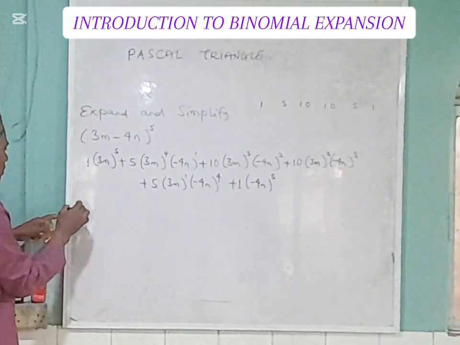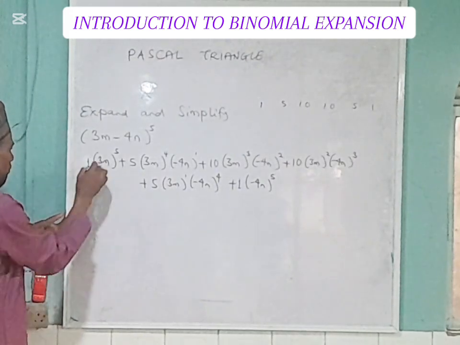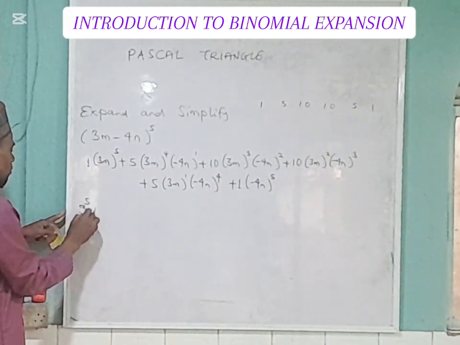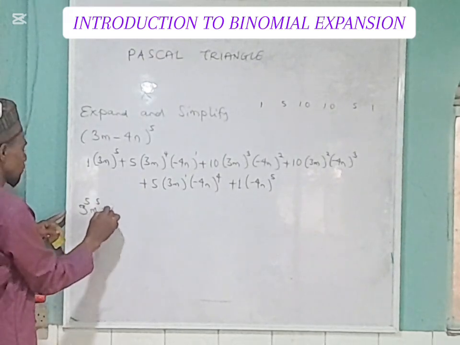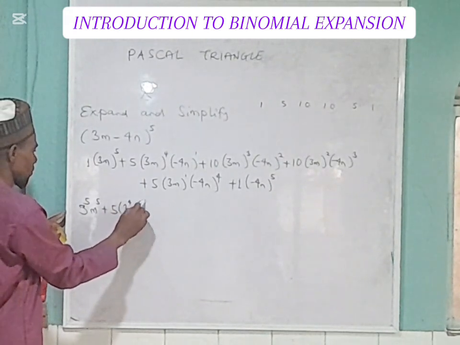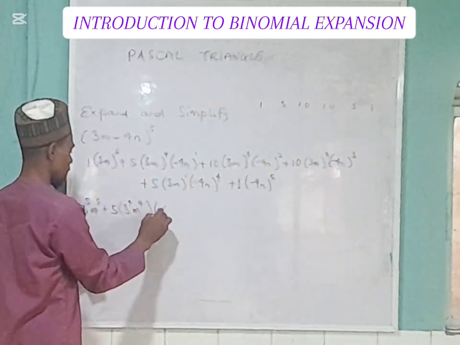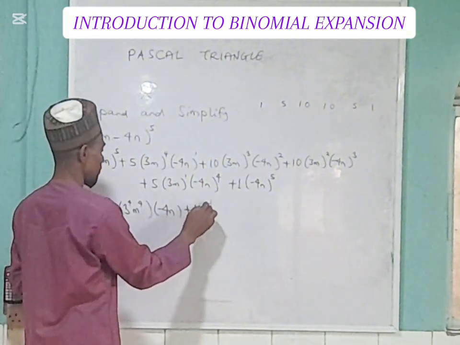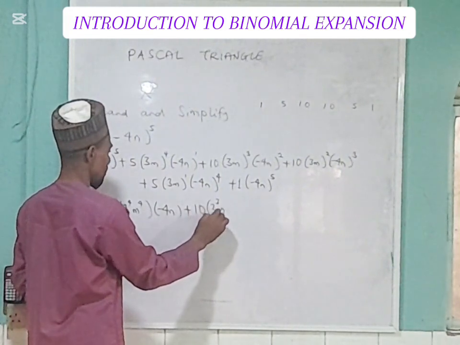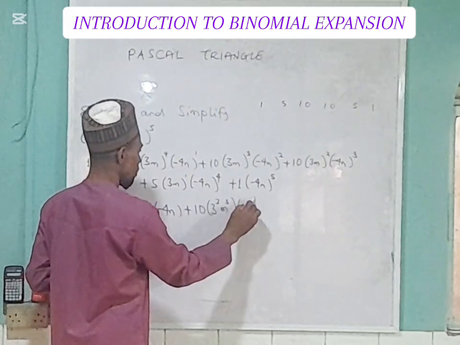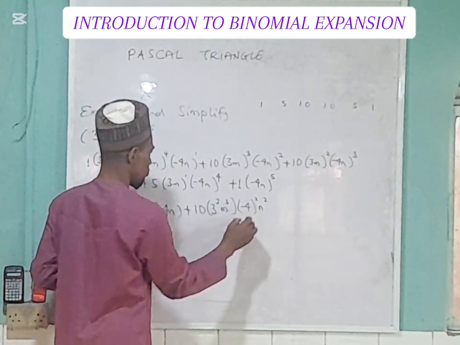So what we do here is to now simply open the bracket. 3 to the power of 5, then m goes to the power of 5. Then plus 5, 3 to the power of 4, m to the power of 4. Of course, again, minus 4n. That's the second term. Then there we have 10, 3 to the power of 3, m power 3, minus 4 power 2, n power 2.